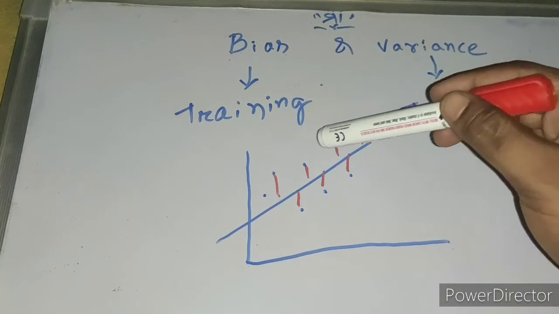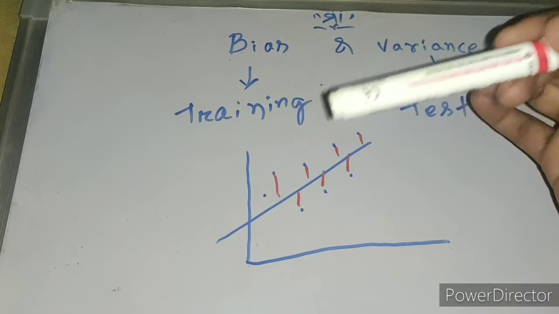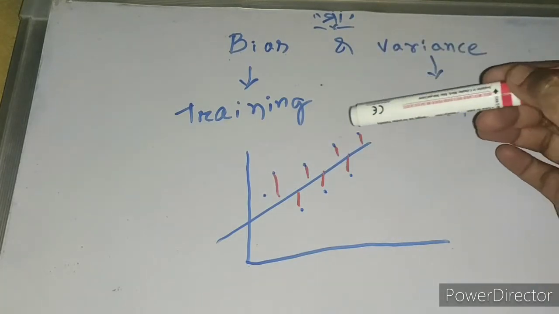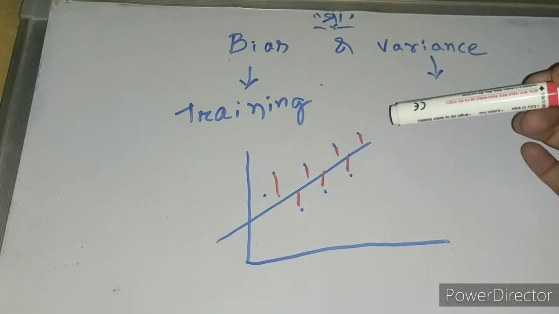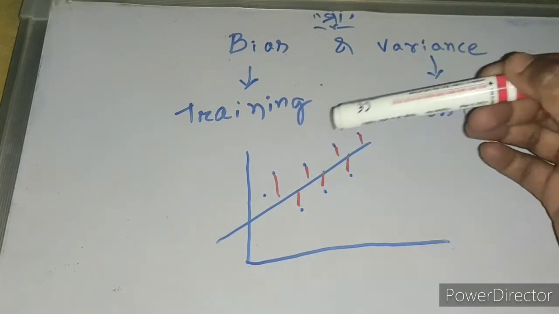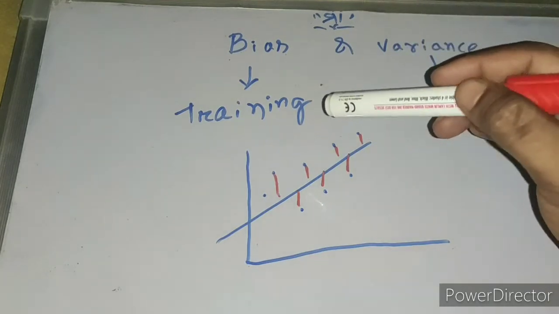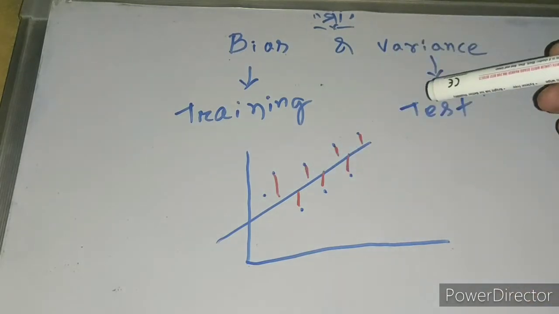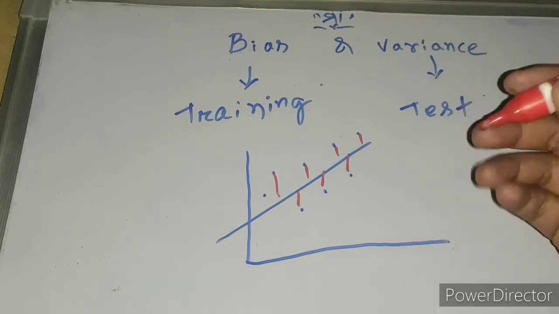So the line doesn't fit all the points, and the minimum distance is calculated here. There are various data points which don't satisfy the condition. If there are so many data points for which our line doesn't fit, this is known as high bias.